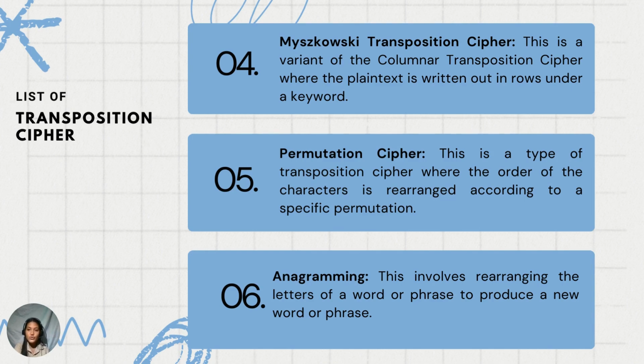This order, also known as the permutation, serves as the secret of the cipher. And the last one is anagramming. This is a type of wordplay in which the letters of a word or phrase are rearranged to produce a new word or phrase using all the original letters exactly once. For example, the word listen can become silent.